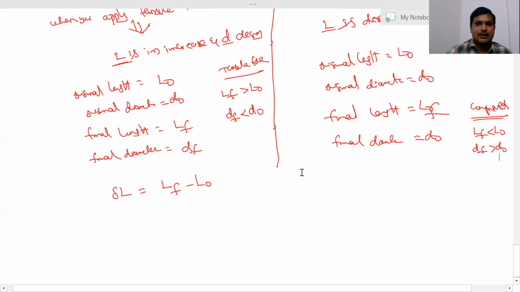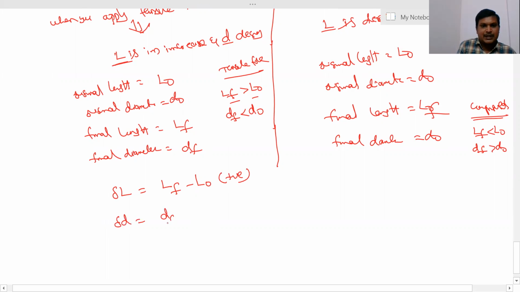Is it clear? So the final length is higher than the original length, so delta L is positive. Delta D is the final diameter minus original diameter. The final diameter is less than the original diameter, so it is negative.